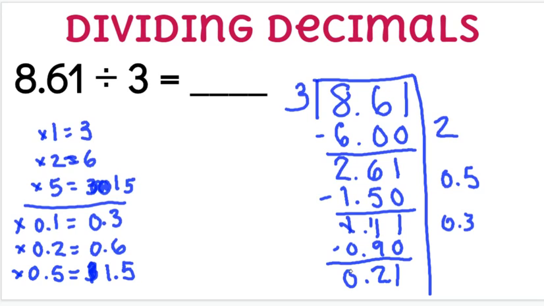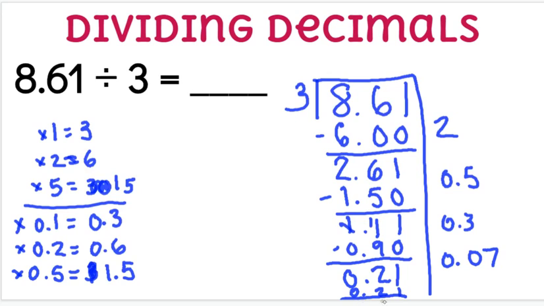21 hundredths left. I know 3 times 7 equals 21, but if I multiplied 3 times 7/10, I would have 2 and 1/10. So here I actually need to multiply 3 times 7 hundredths, which is going to be 21 hundredths.